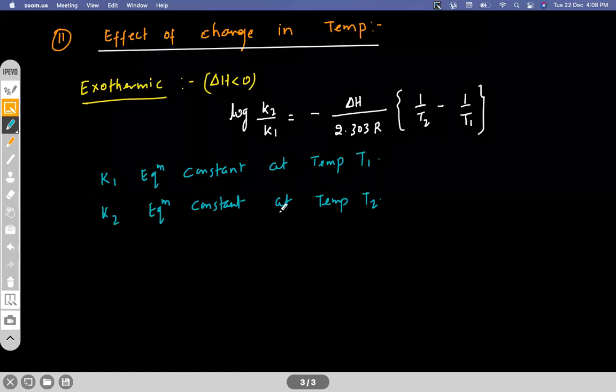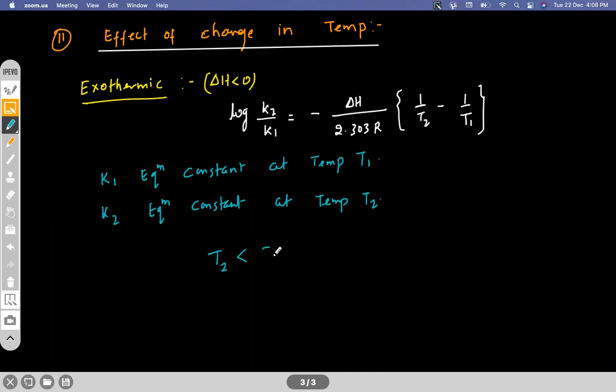In an exothermic reaction, heat is released, so temperature decreases. Suppose T2 is less than T1. You can also think of it the other way and you'll get the opposite result.